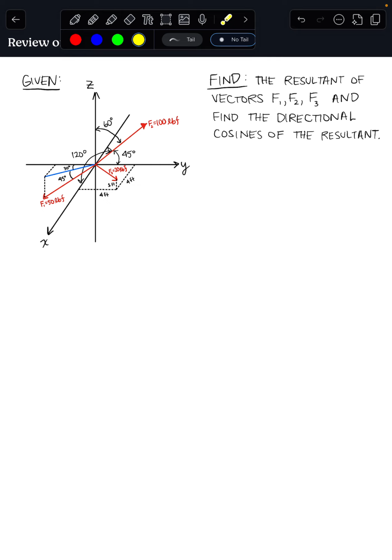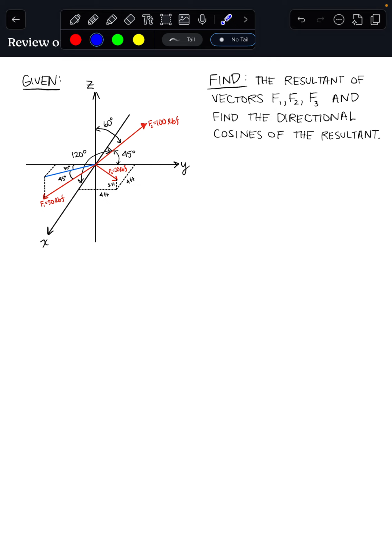Now, what's the blue line? It is the projection of F1 onto the XY plane. So if I have my flashlight down here and I'm shining a light onto F1, the shadow that it makes is this blue line, the shadow it makes on the XY plane.